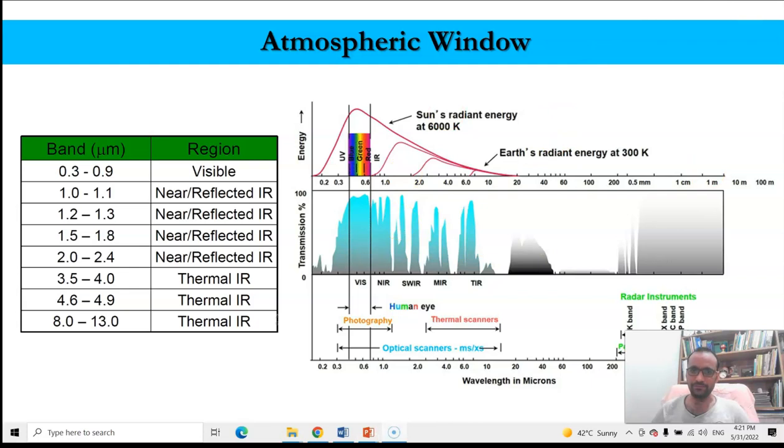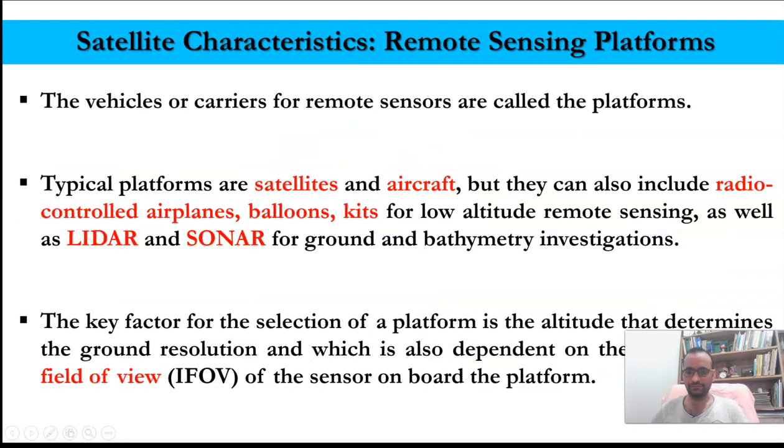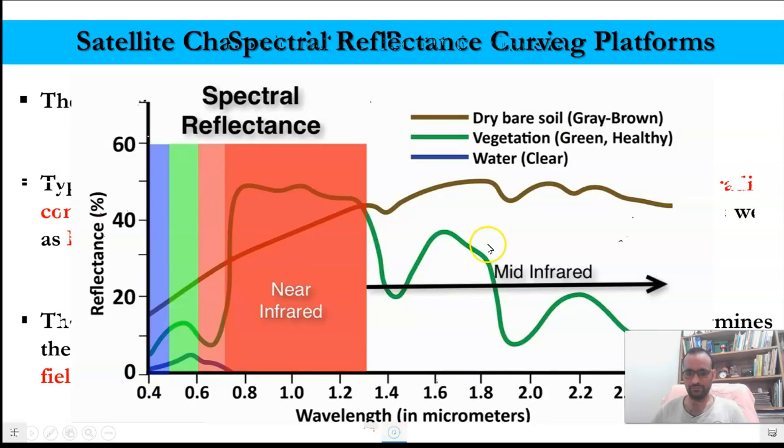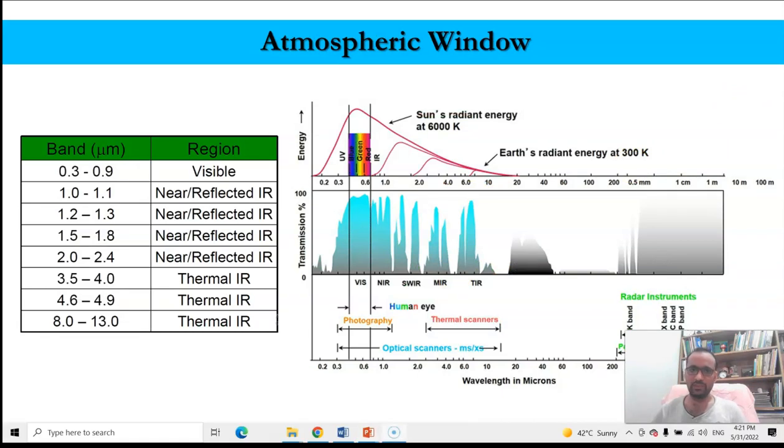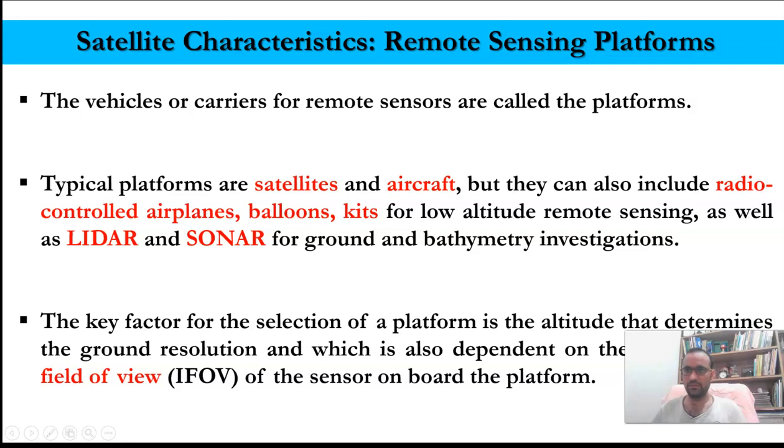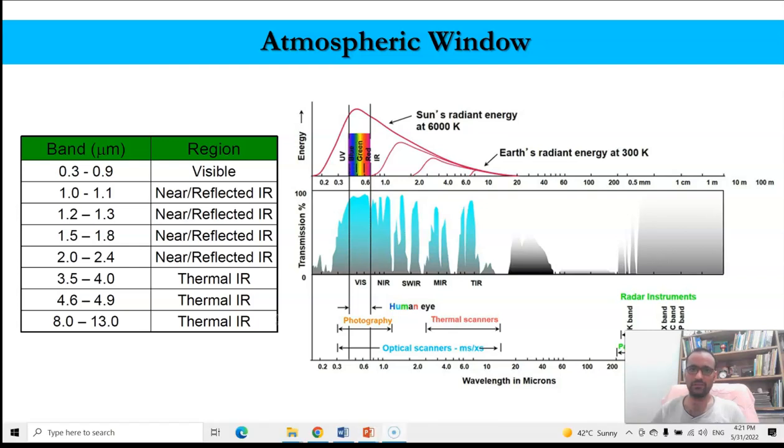Okay, so this is the colored area which is showing reflectance, but in some parts in between you can see it is not reflecting much energy.